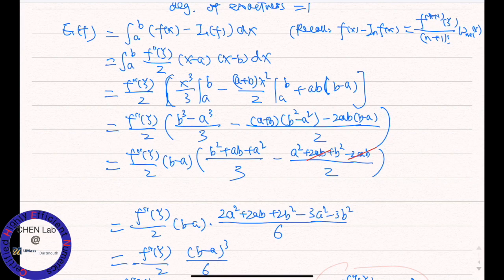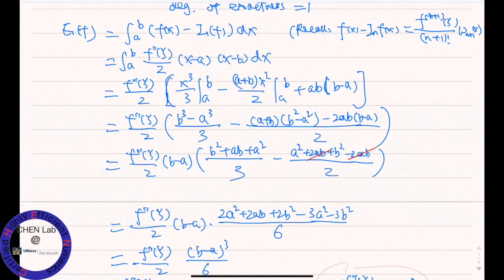The next thing is you want to do a composite trapezoidal rule. As we were doing for the midpoint rule, we have h, which is b minus a divided by n.